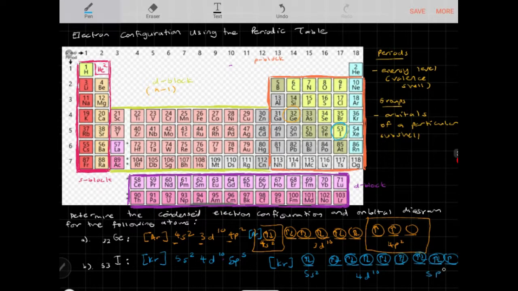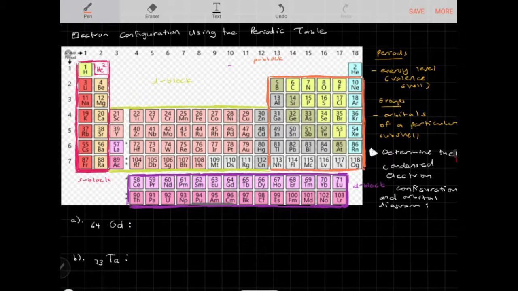So this is 5p5, right? And the valence shell here, it's the highest energy level. So the valence shell will include the 5s2 and the 5p5, right? I'm just going to write the 4d just to show you guys how these subshells are organized in different energy levels, right? So that's the idea in using the periodic table to determine electron configuration.